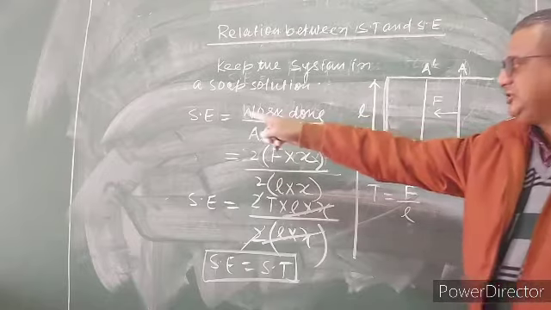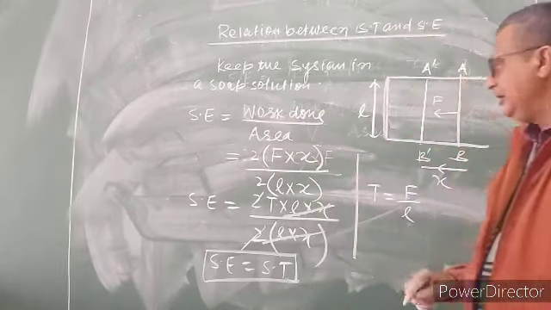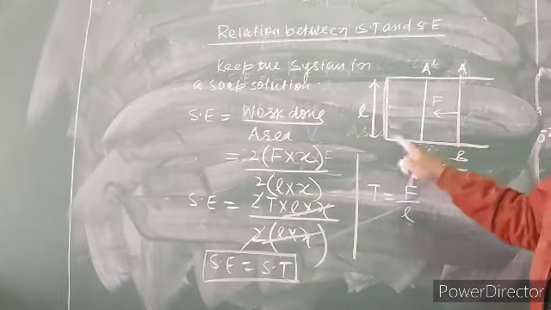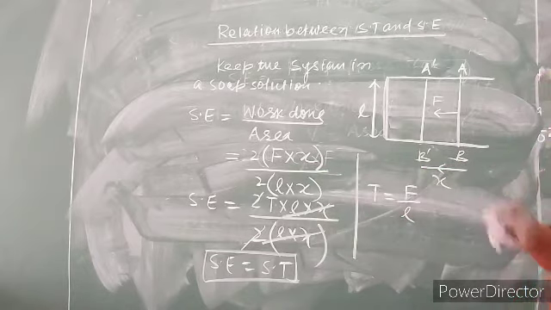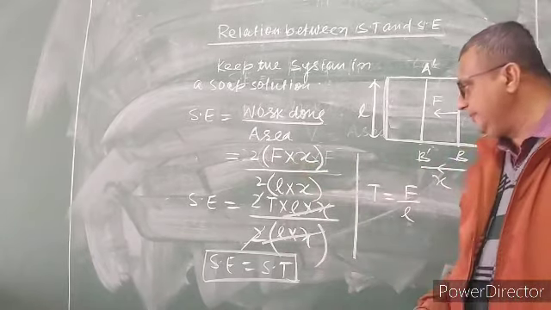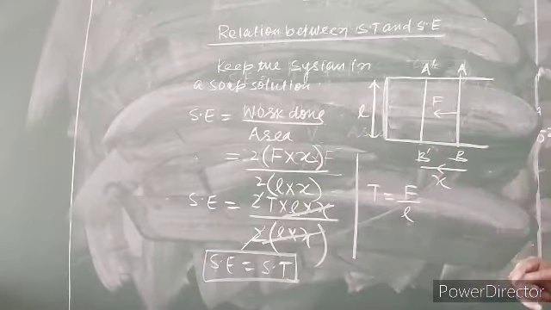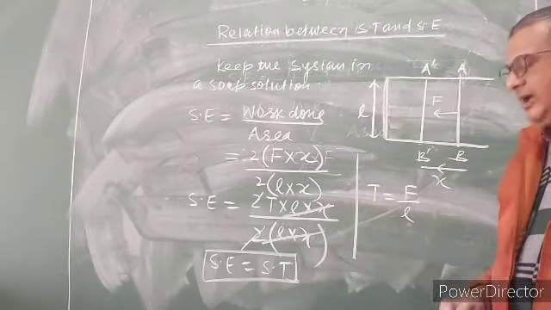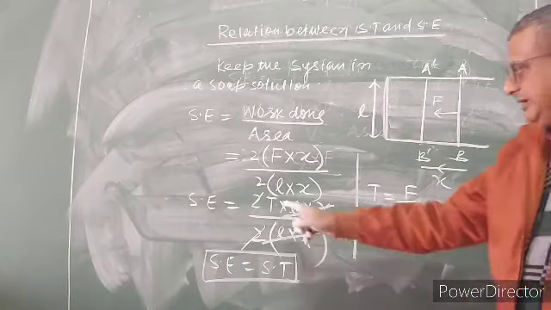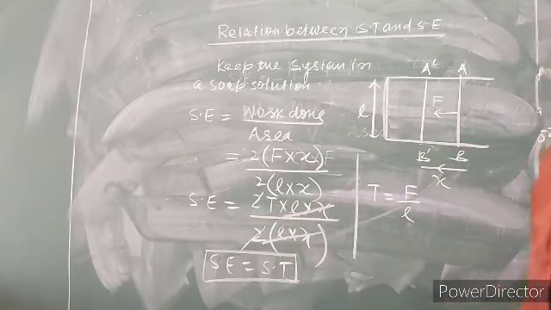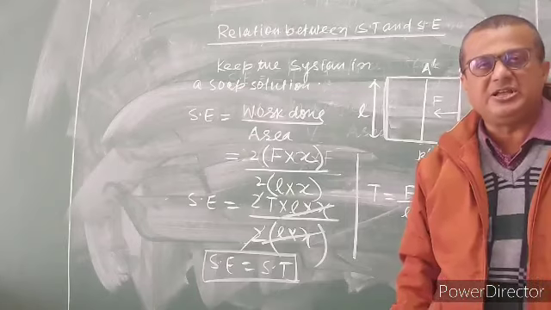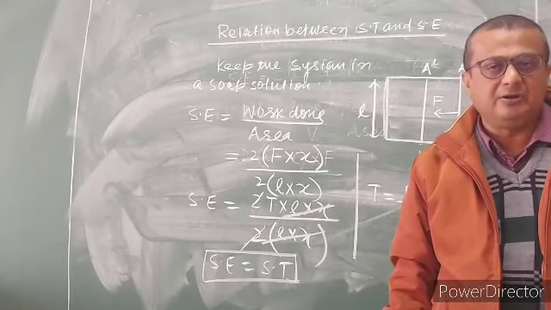So surface energy is equal to work done by area. Work done is force into displacement, multiplied by 2 for the double layer, divided by area 2 into L into X. Everything cancels, leaving surface tension and surface energy. So mathematically surface energy and surface tension are equal.